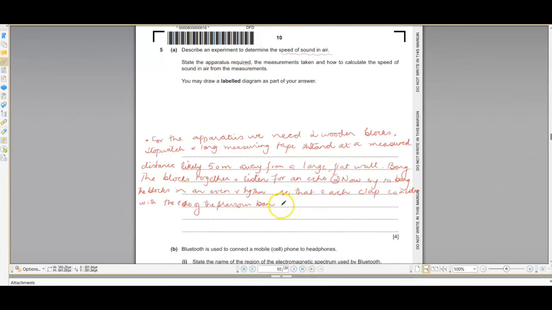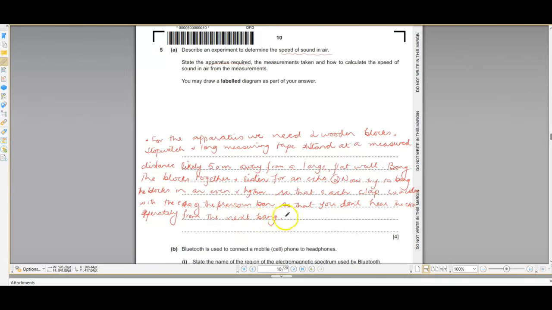So that you don't hear the echo separately from the next bang. Okay.